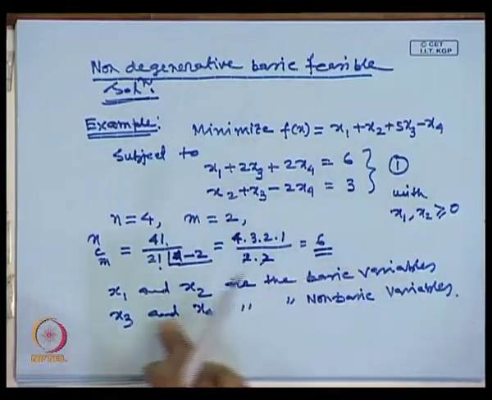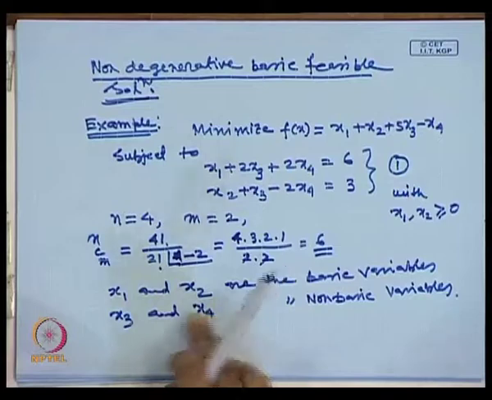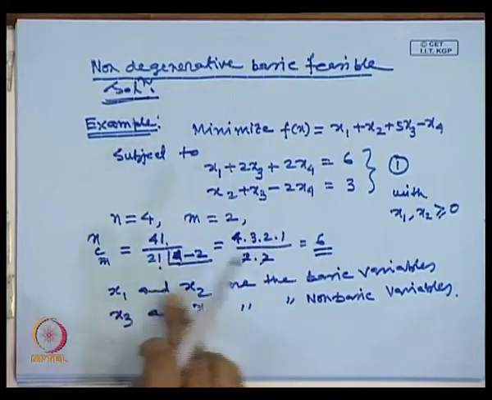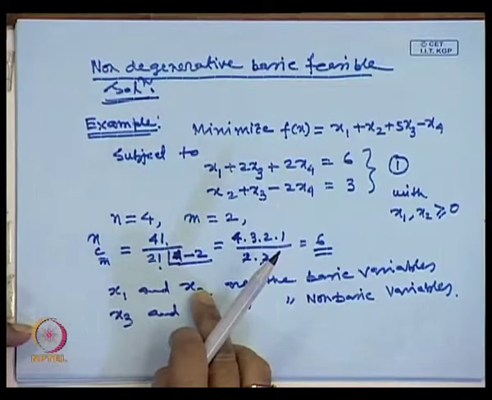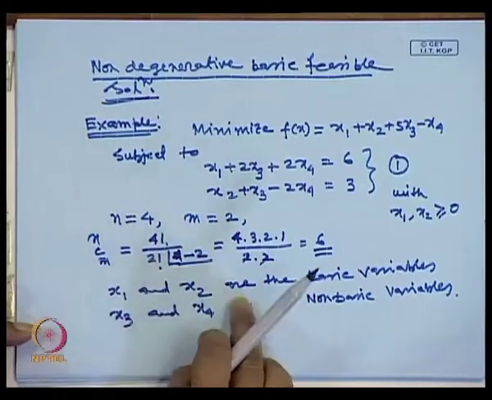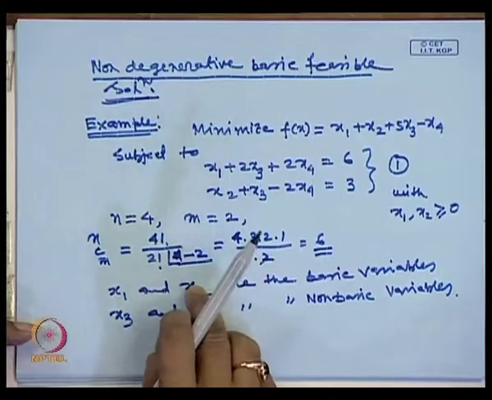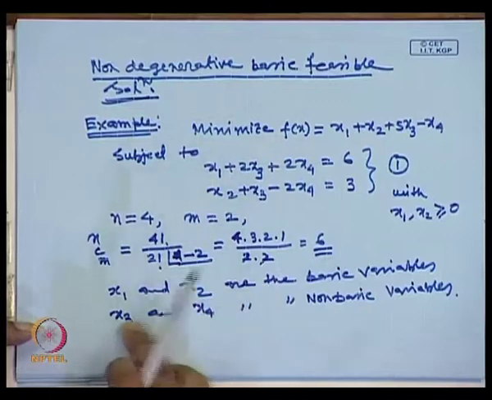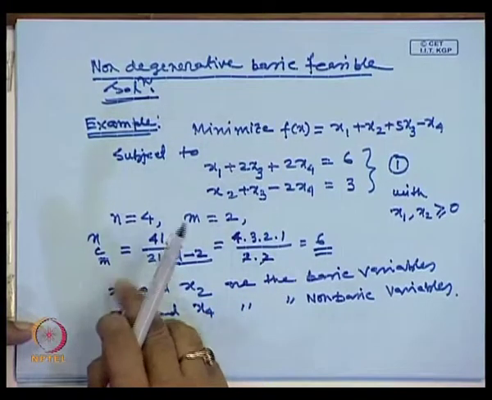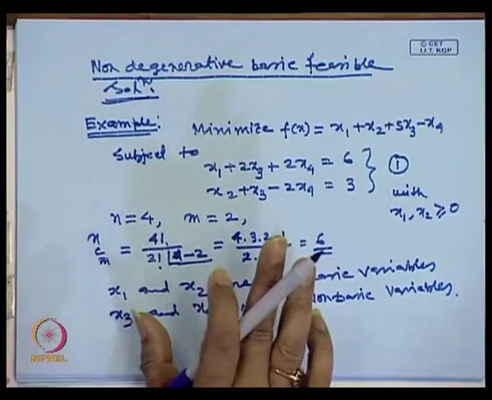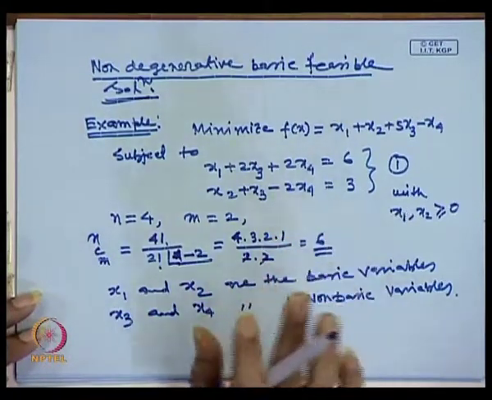That means either x3 or x4, which is now 0, will become non-zero, and x1 or x2, which is non-zero, will go to 0. One of the basic variables will act as a non-basic variable, and one of the non-basic variables will act as a basic variable. In turn, we check whether the function value is reduced from the previous case or not.